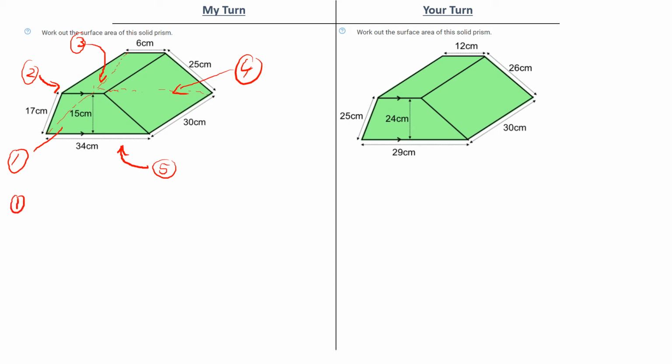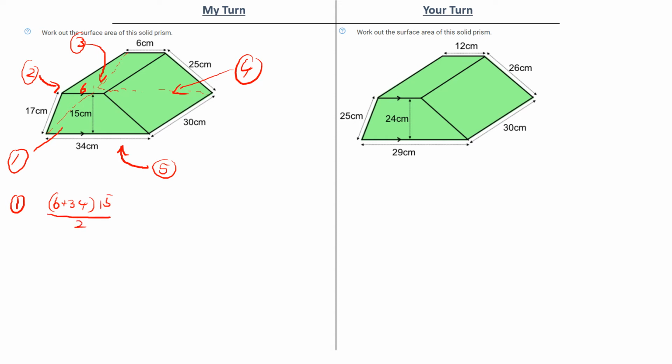So the trapezium, so remember it's A plus B, the two parallel lines added together. Now that's 6 because it's the same as that back one there. So we've got 6 add 34 times by the height, which is 15, divided by 2.